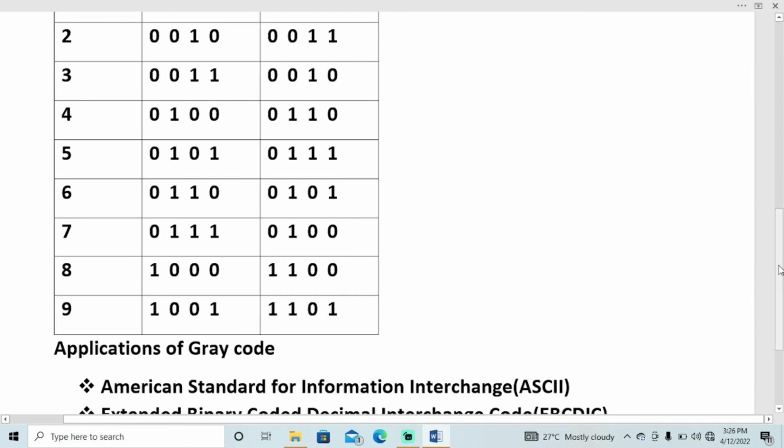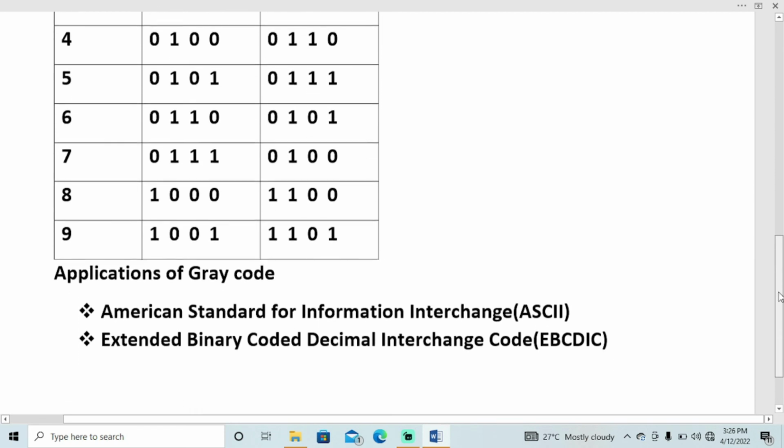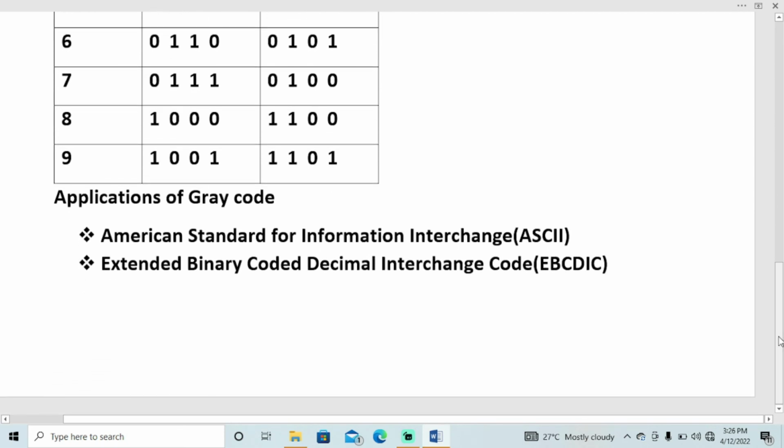Now there are real life applications of gray codes. Of course they aren't complicated, so we have the American Standard Code for Information Interchange, which is mainly known as ASCII, and the Extended Binary Coded Decimal Interchange Code, EBCDIC.